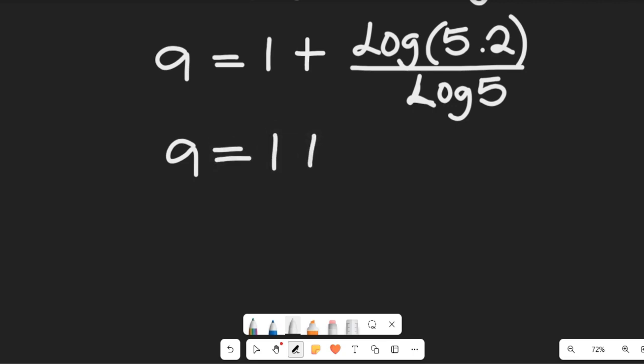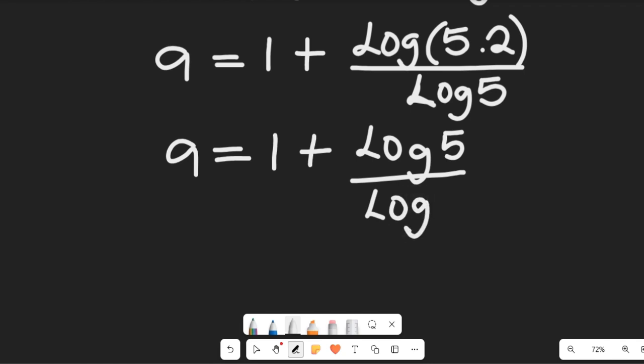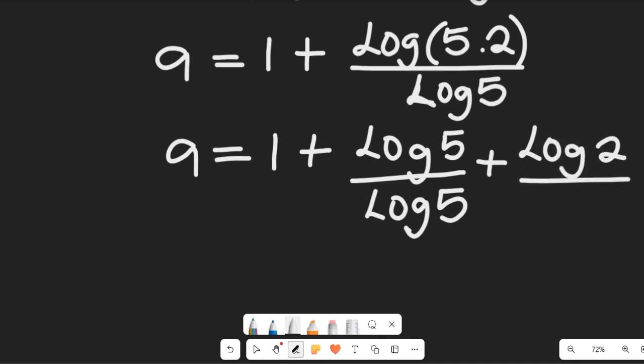Now, following that multiplication law of logarithm, we're going to have this become log of 5 divided by log of 5, and then we'll have this to be plus log of 2 divided by the log of 5.